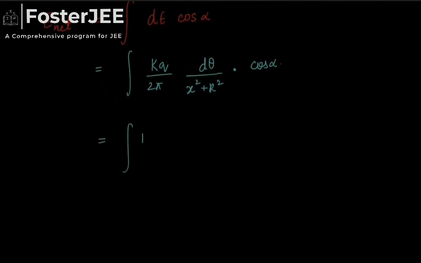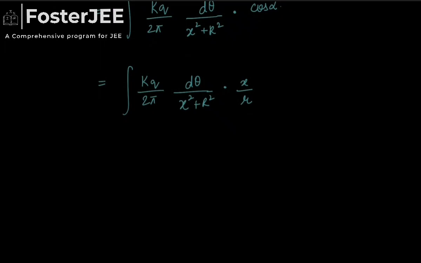So, we will substitute kq upon 2 pi d theta upon x square plus r square into x upon r. Remember that the value of r is root over x square plus r square.